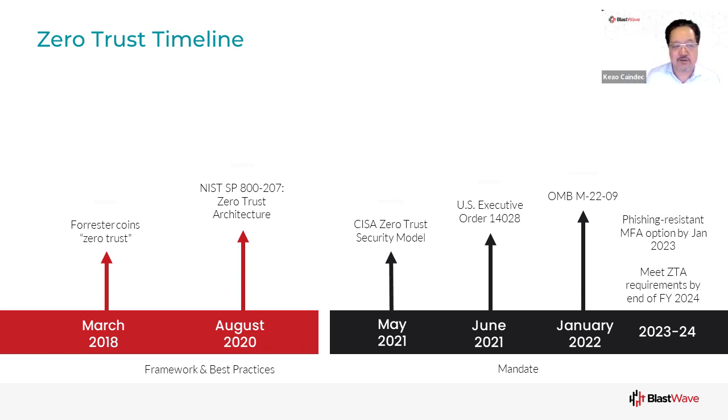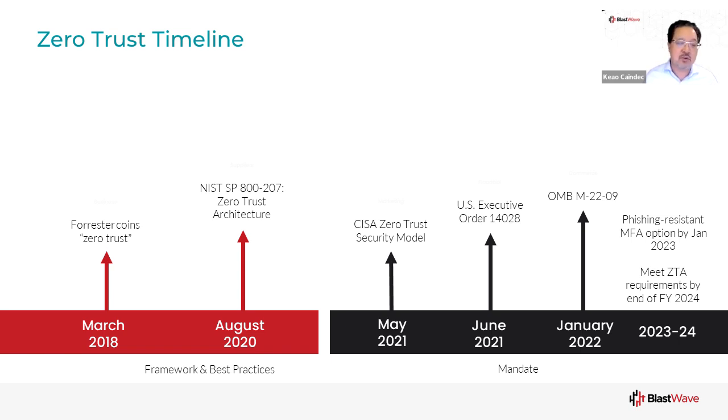I think the timeline is very interesting. The term was coined only in 2018 by John Kindervag at Forrester, and he came up with this notion. I think there were many other discussions around that time, but he came up with the term zero trust.